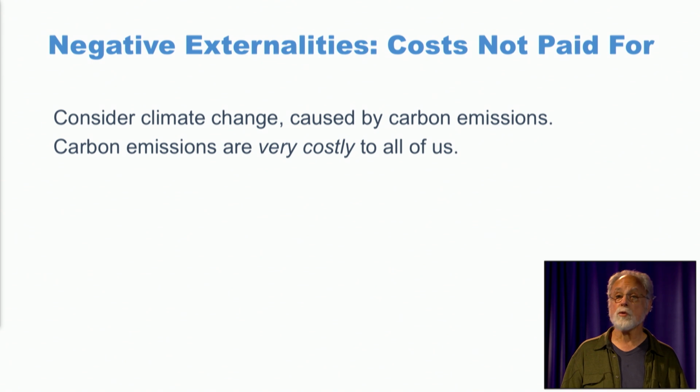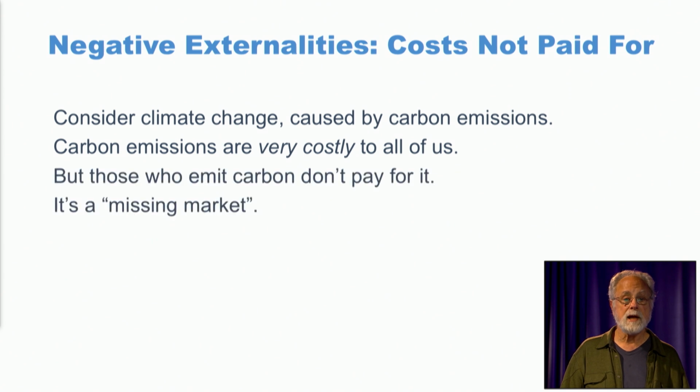Climate change is an enormous burden on ourselves and especially on future generations. It's going to be unmeasurably, catastrophically costly to us, very costly. Nevertheless, there is no market in carbon emissions. People don't have to pay if they emit carbon. So there's no market in something which is actually imposing a huge social cost. There is, in economic terms, a missing market.